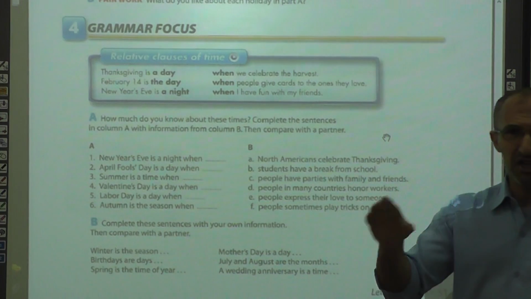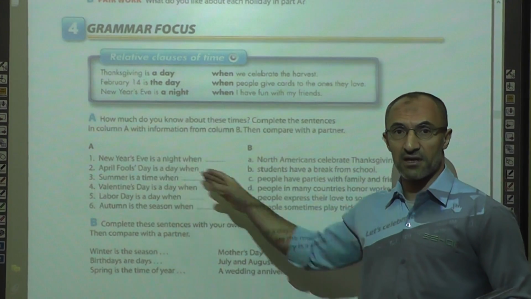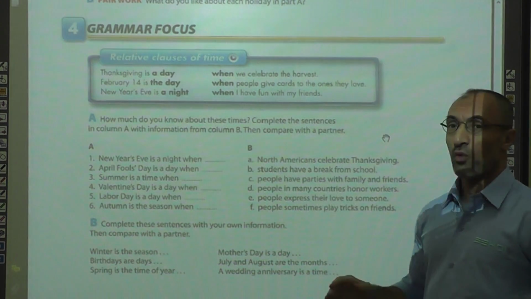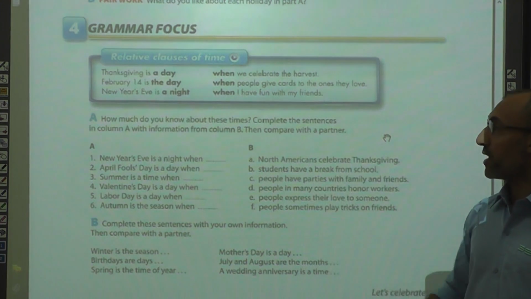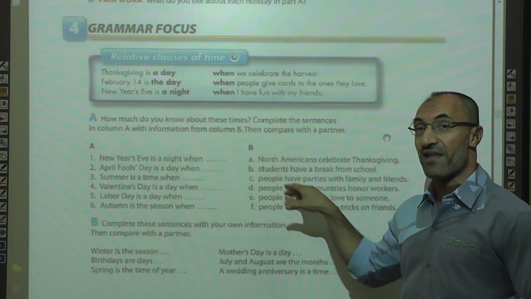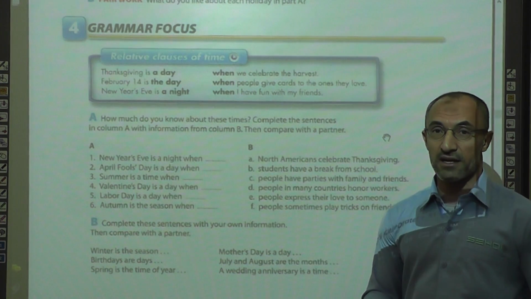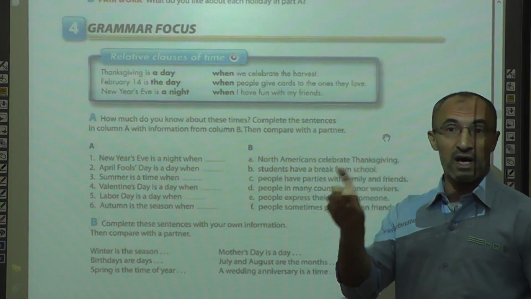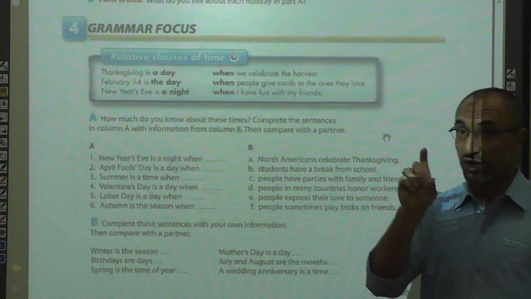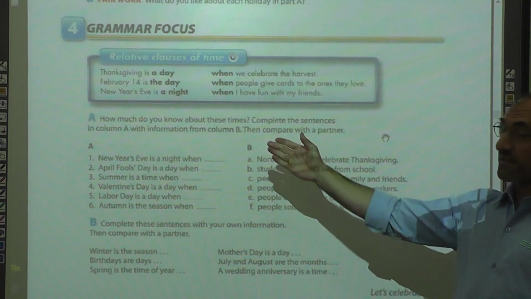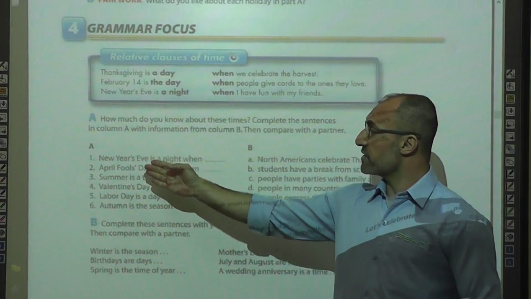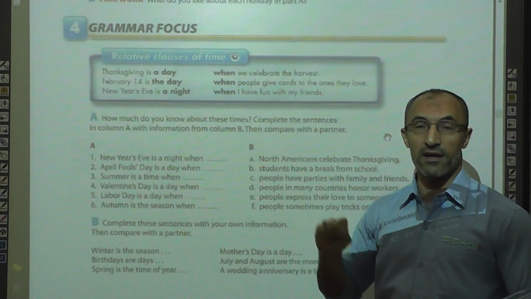So to make it much clearer, here we have two columns, column A and column B. What we are asked to do is to combine the two sentences, okay, using the relative clause of what? Of time, which is, yes, when. Okay, so let's read the first sentence in column A: New Year's Eve is a night when.